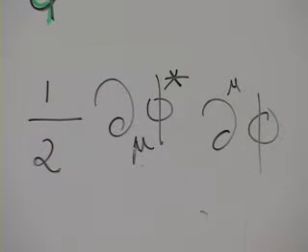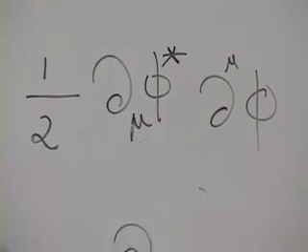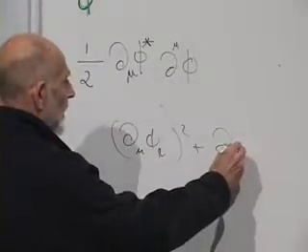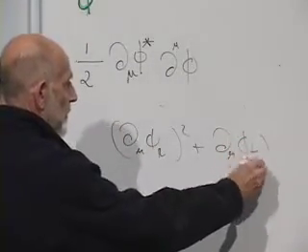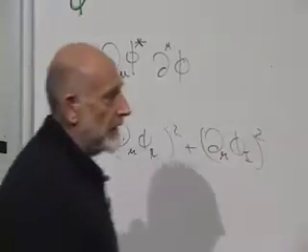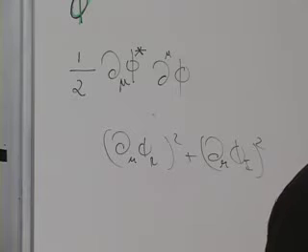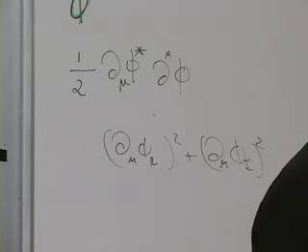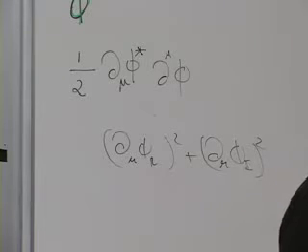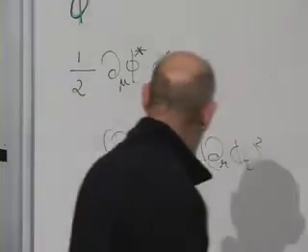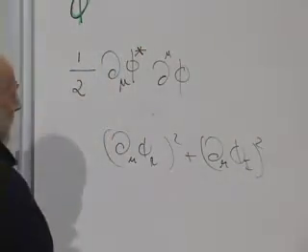You could rewrite it as d mu phi real squared plus d mu phi imaginary squared. That's just using the idea that a complex number times its own complex conjugate is the square of the real component plus the square of the imaginary component. All right, but let's write it this way.